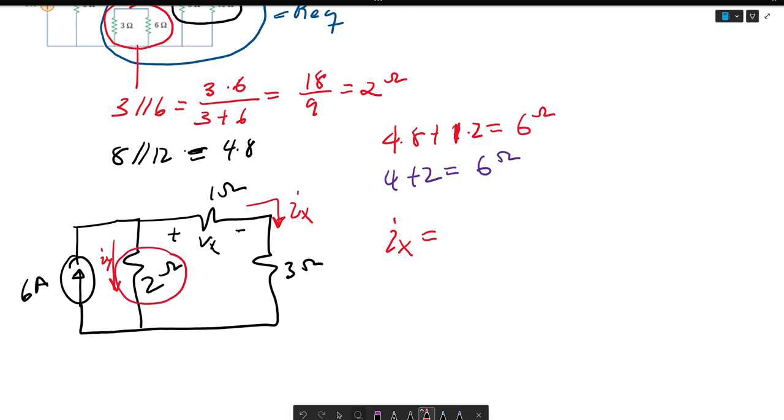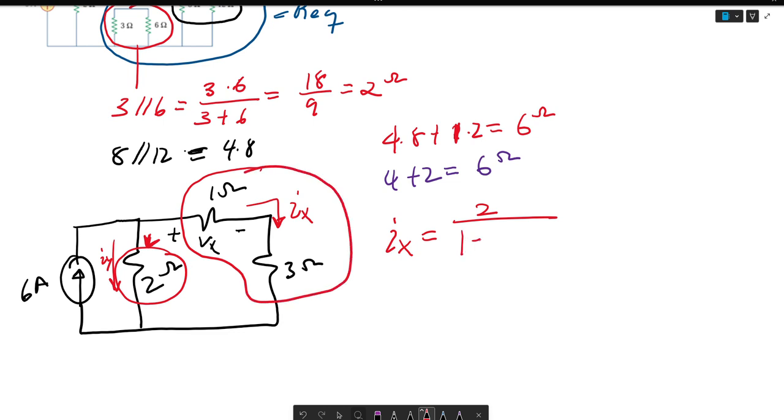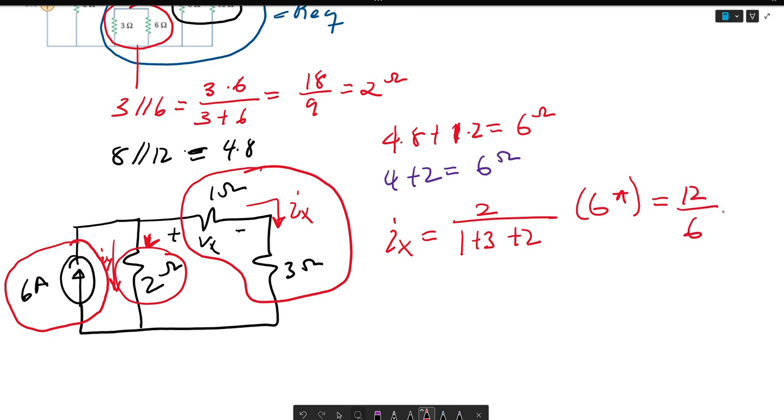So we take this resistance, 2, over the equivalent resistance of this resistor and these resistors here, so 1 plus 3 plus 2, and then multiply it by my current source, 6 amps, which is equal to 12 divided by 6, which is equal to 2 amps.